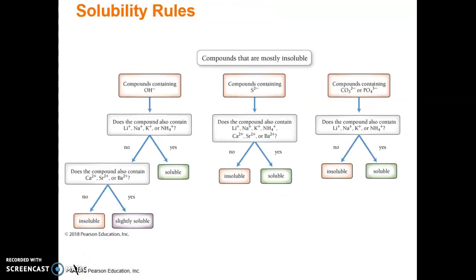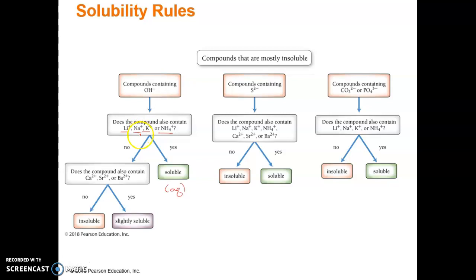All right, let's look at hydroxide. You have to see if hydroxide is with a lithium, a sodium, a potassium, or an ammonium. If it is with one of those, it is going to be soluble. So in that case, you would write aqueous as the phase.